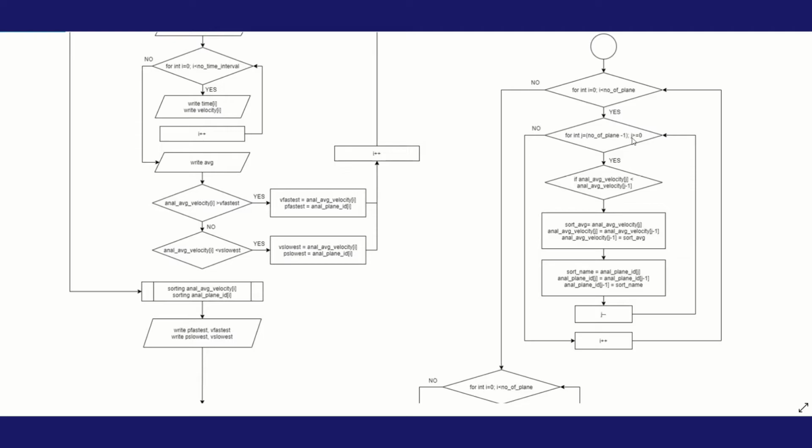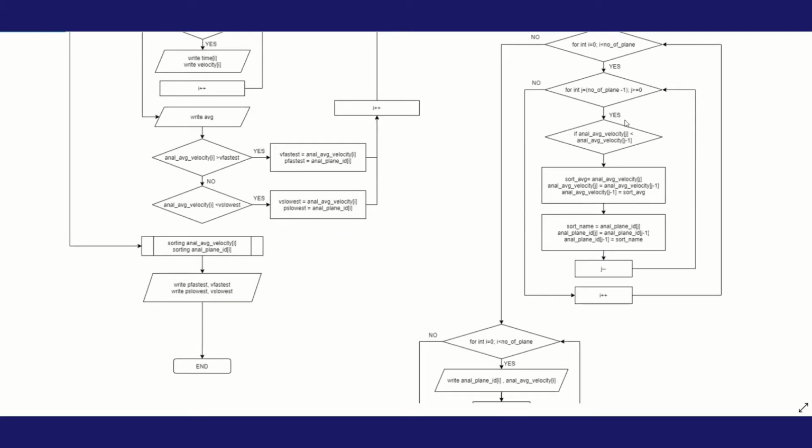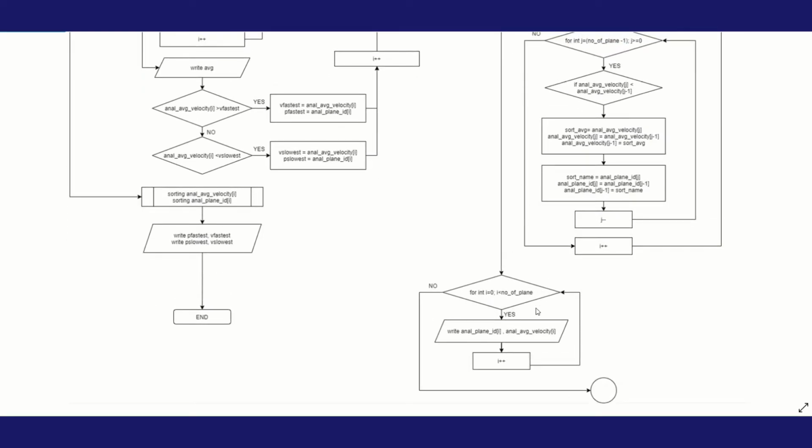And then, until it has sorted the average velocity and also the plane ID, we're going to exit the loop. We're going to enter another loop. This loop is basically to write the output, just to write the plane ID and also the average velocity into the output test file.